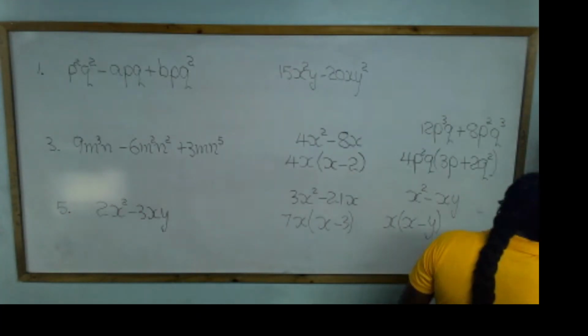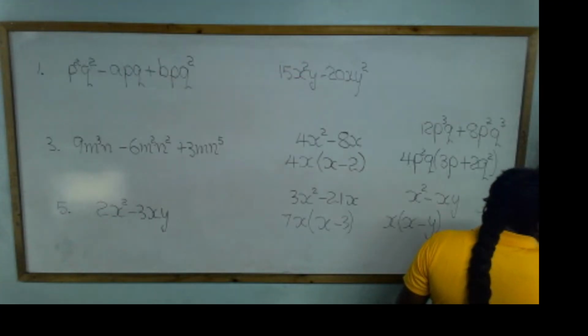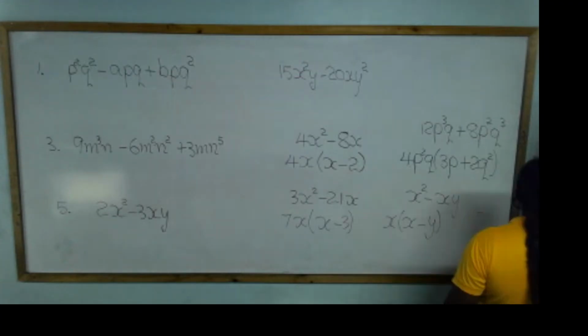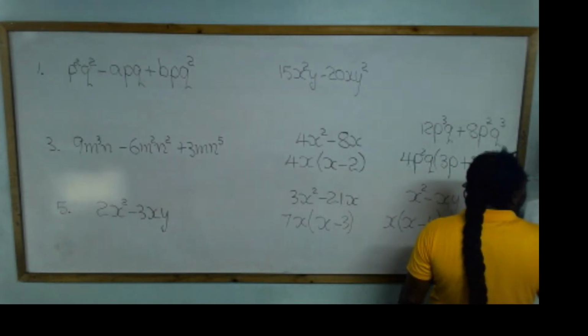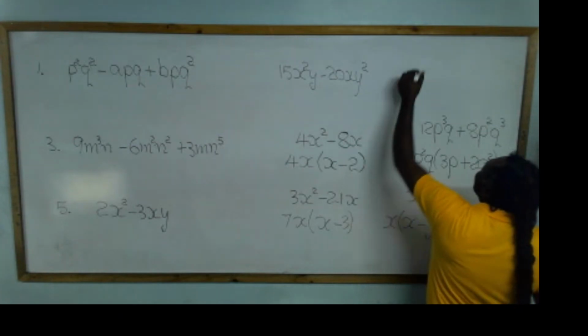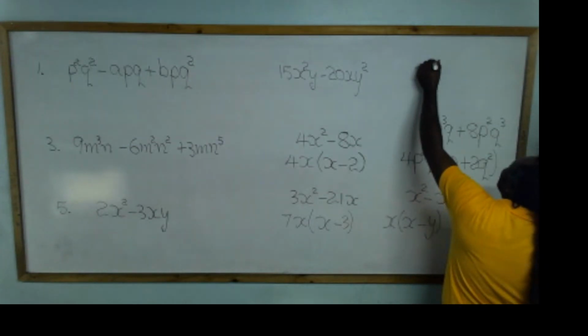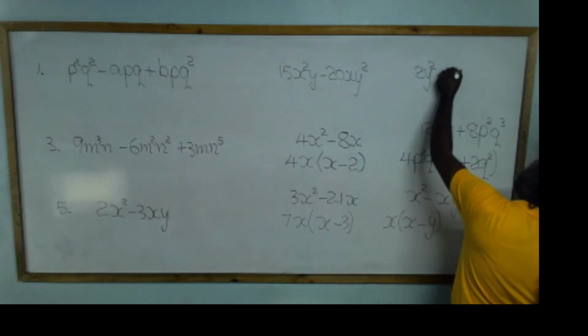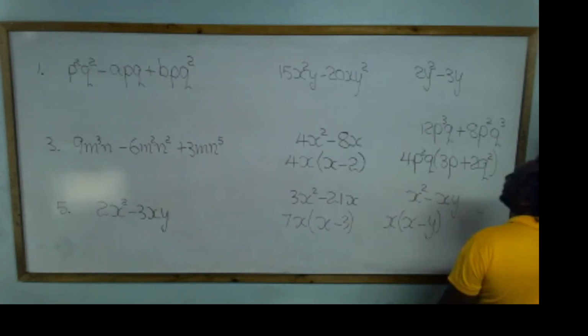And any other? Yes, this one. Alright. 2y squared minus 3y. That's a disaster. It's too simple for me.